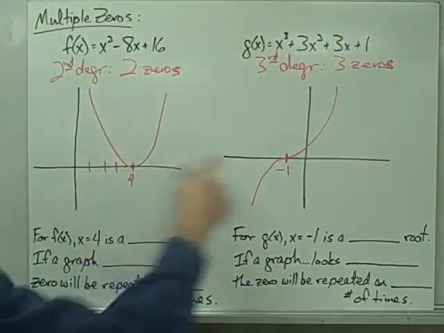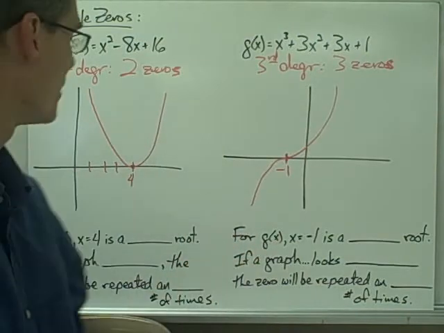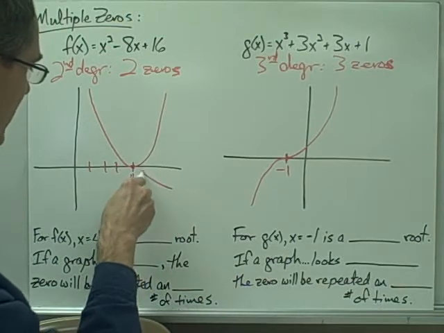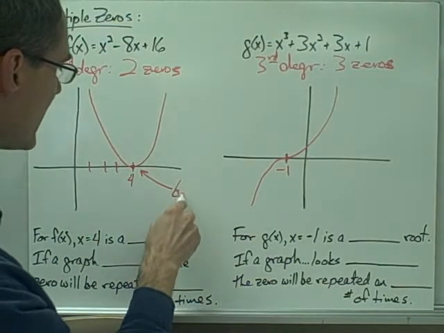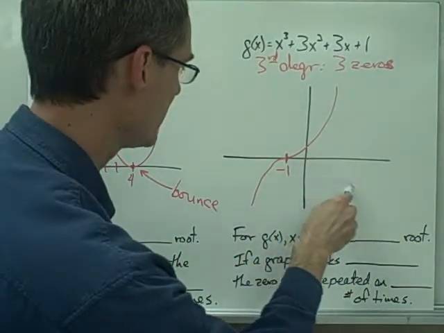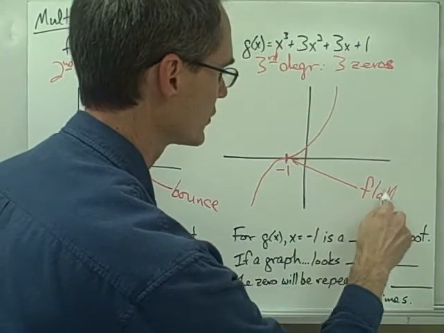Well, these two functions show us examples of what we call multiple zeros. And in particular, this place right here is what's called a bounce. And this right here, notice that the graph looks flattened.